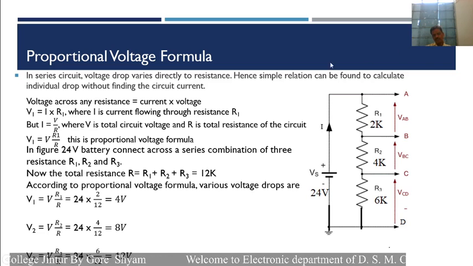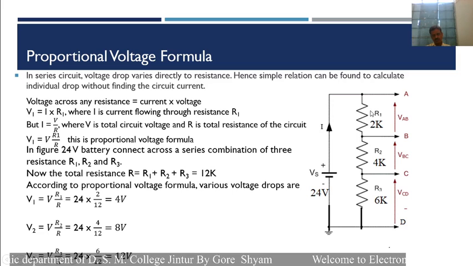In this way we can find the voltage across any individual resistance, and such a formula is known as the proportional voltage formula. The proportional voltage formula says the voltage across any resistance is equal to the total voltage into its individual resistance divided by total resistance.